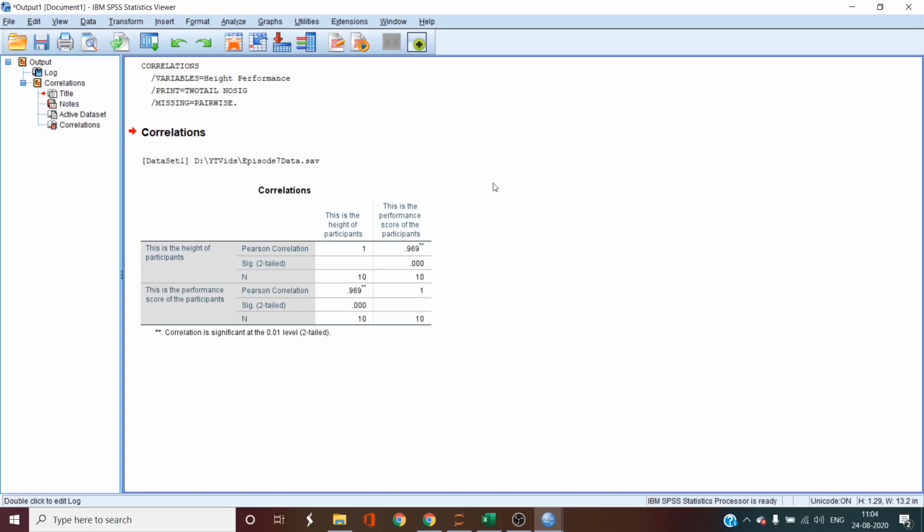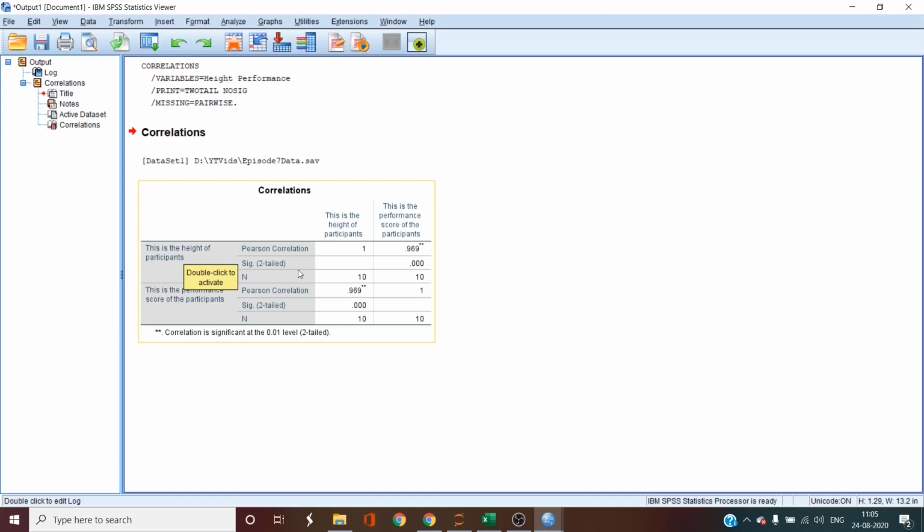This shows the correlation coefficient of every combination of variables. We have 2 rows, one for height and one for performance, and similarly we have 2 columns, one for height and the other for performance.